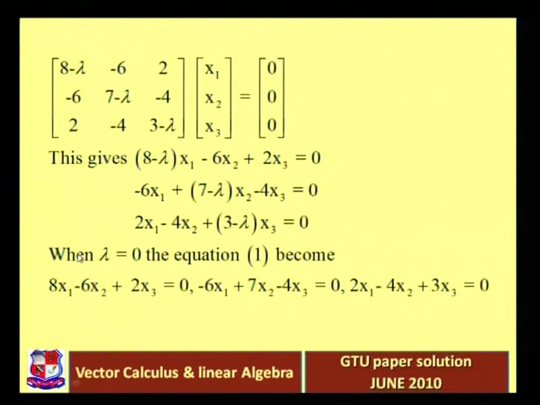Now first of all we want to find the eigenvector corresponding to lambda equal to 0. So when lambda is equal to 0, put lambda equal to 0 in this matrix, and equation 1 becomes 8x1 minus 6x2 plus 2x3 is equal to 0, then minus 6x1 plus 7x2 minus 4x3 is equal to 0, and then 2x1 minus 4x2 plus 3x3 is equal to 0.